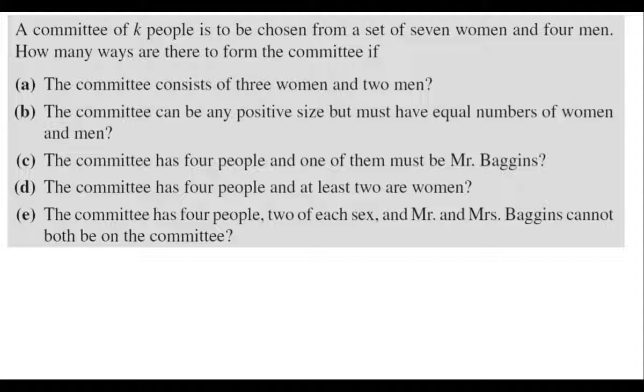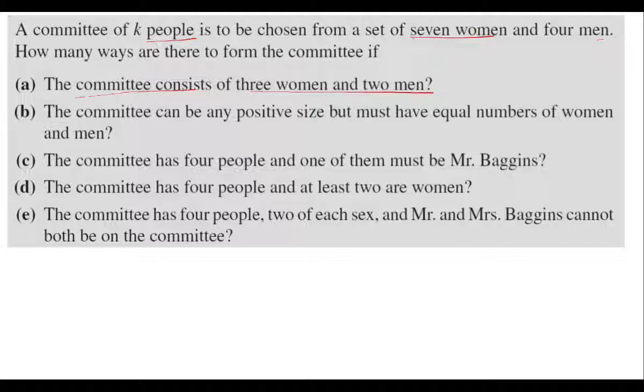Now we need to form a committee of K people, which need to be chosen from 7 women and 4 men. Let's discuss one by one. How many ways are there to form a committee with 3 women and 2 men? Again, for all men and all women, order doesn't matter.